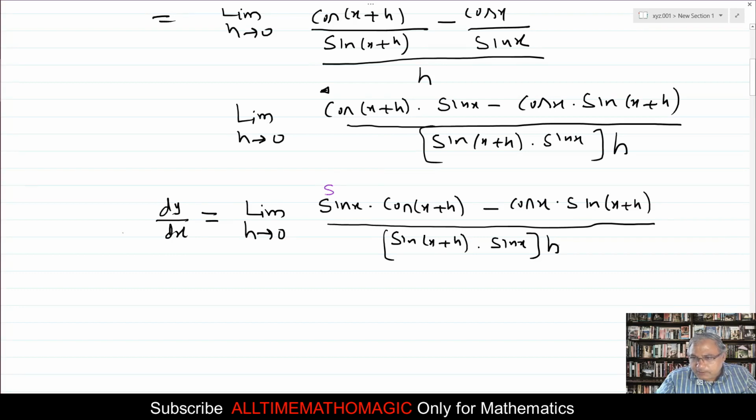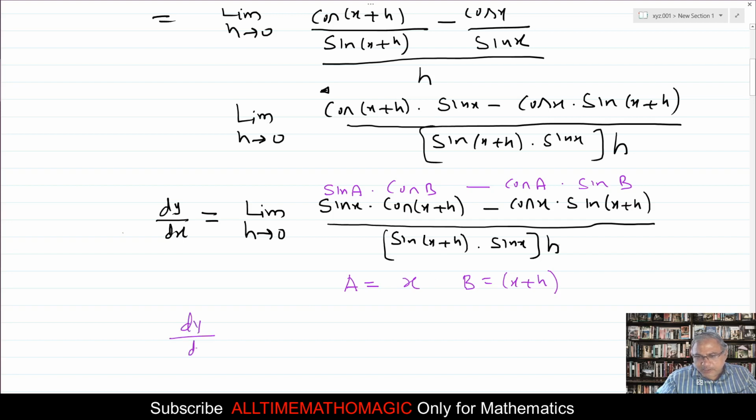This formula resembles sin A cos B minus cos A sin B, where A equals x and B equals x plus h.